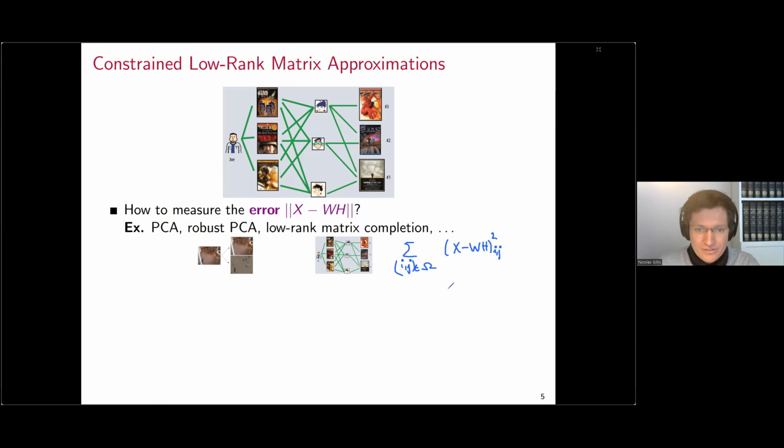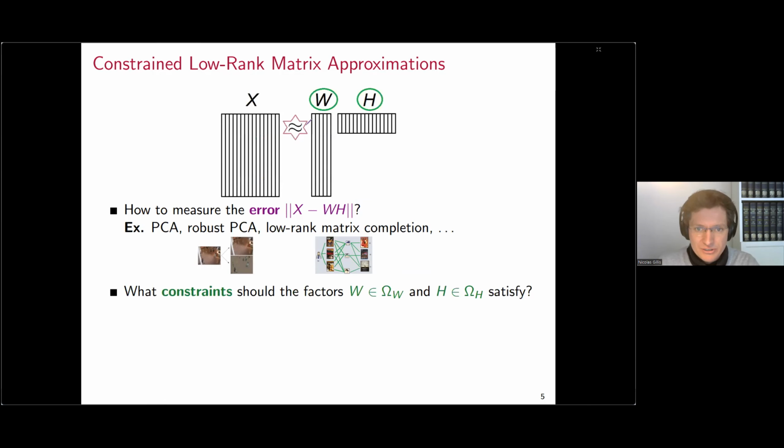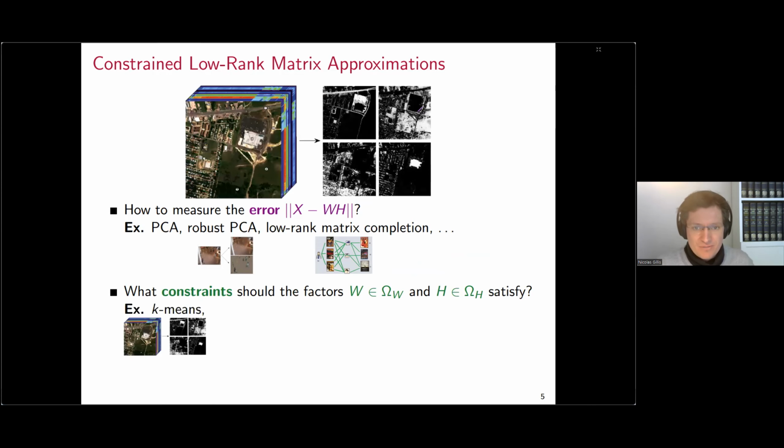So this is a first thing when you design a low-rank matrix approximation model, how you compute the error, and this is, of course, crucial, but also what constraint you will impose on W and H. For example, the most naive model, which you know, and maybe you've not connected it to matrix factorization, is k-means.